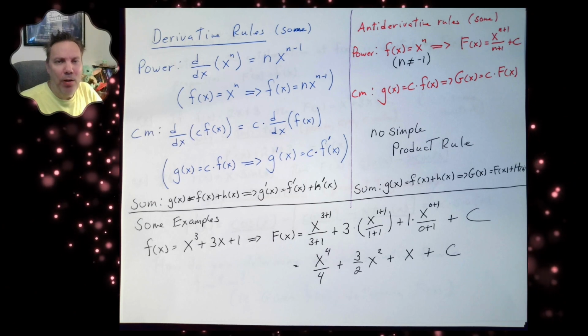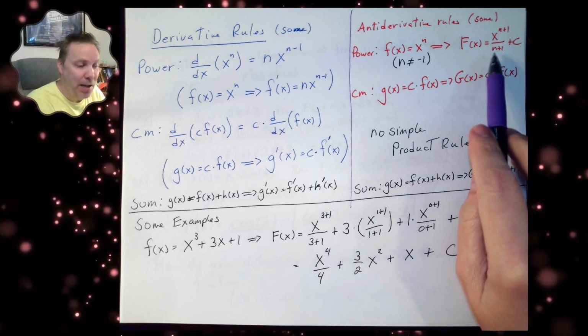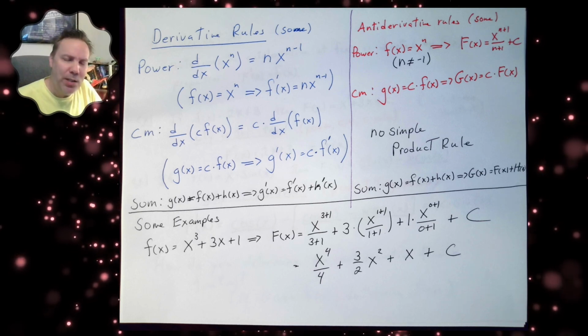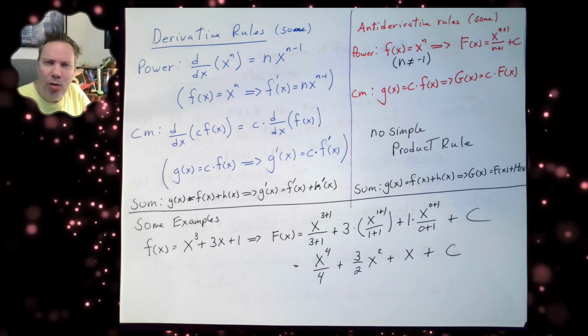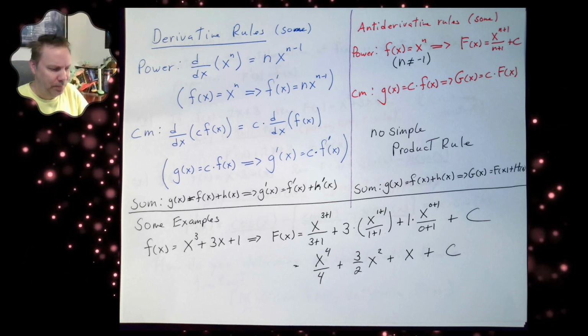We can't have that power as a -1. In other words, 1 over x does not follow this pattern. There's a separate rule just for that. That's why antiderivatives are a little harder right off the bat. There's a special case in here.